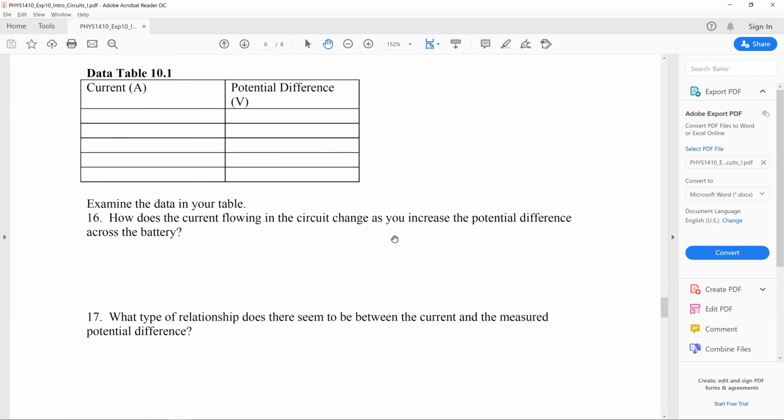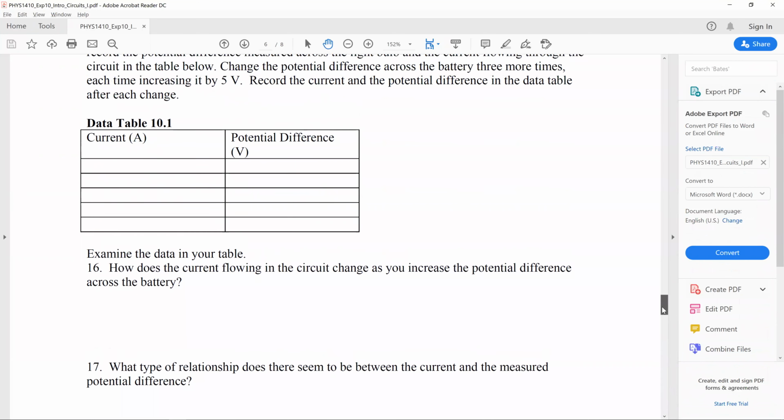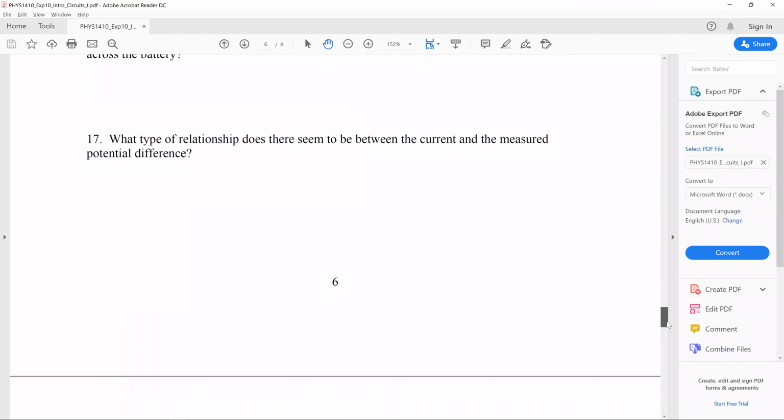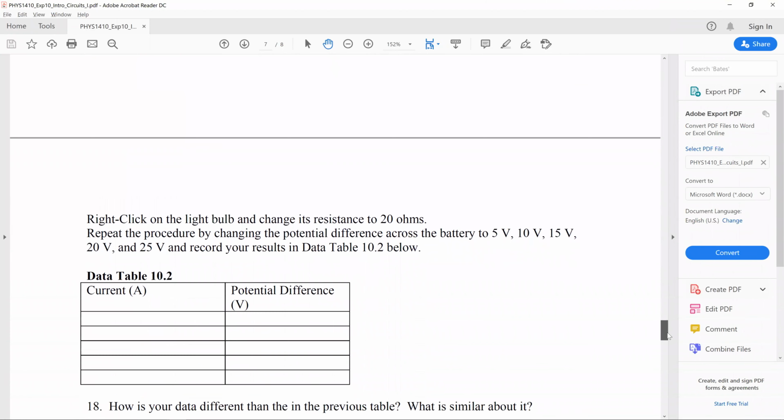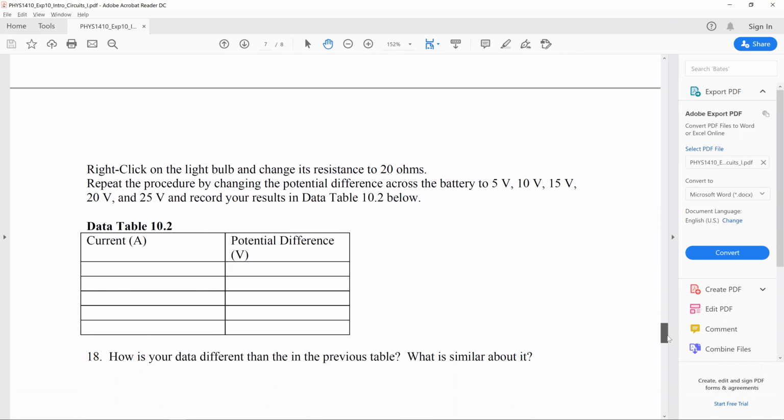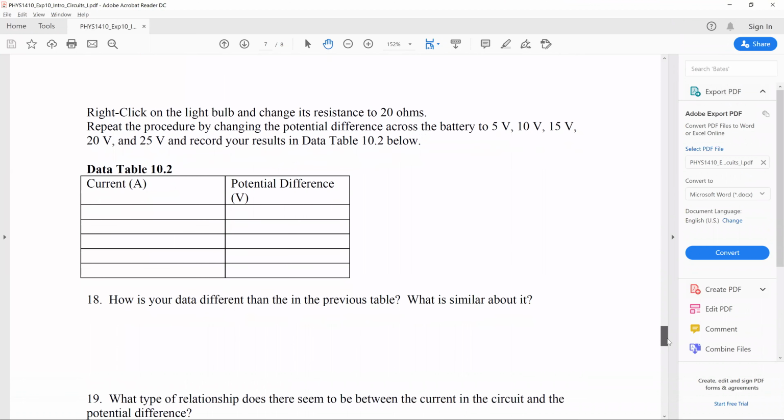So you talk about how the current changes when you increase the potential difference. I don't remember if I left this question in about the relationship, but it's pretty clear.